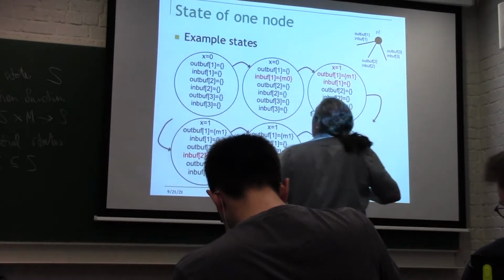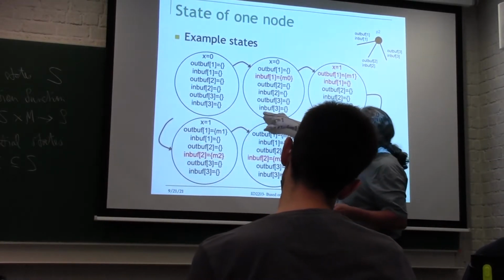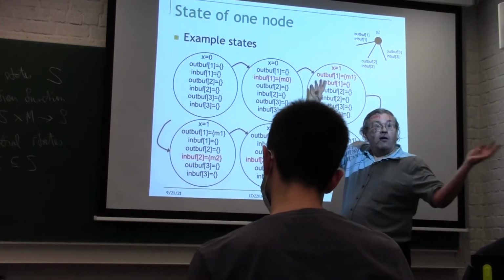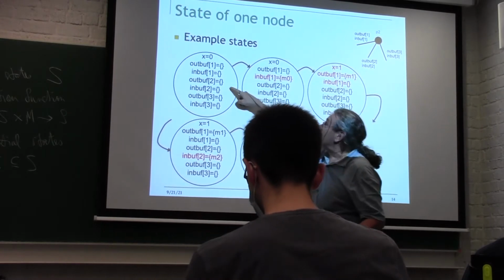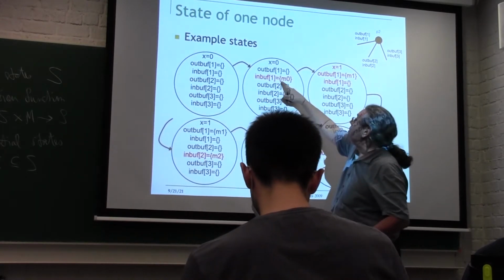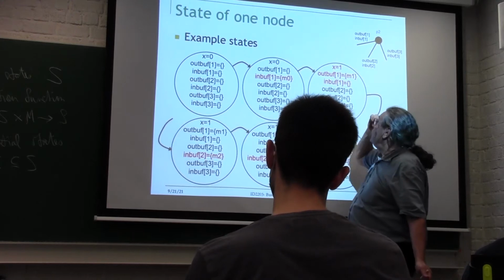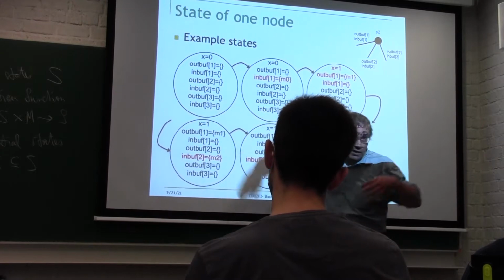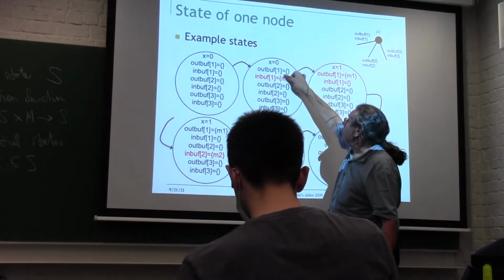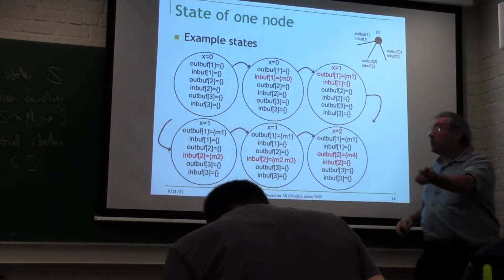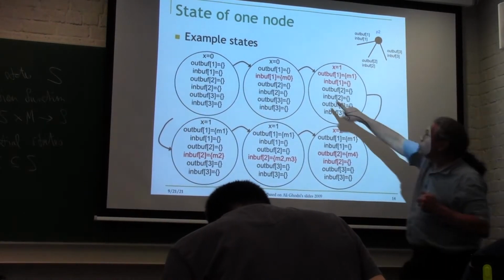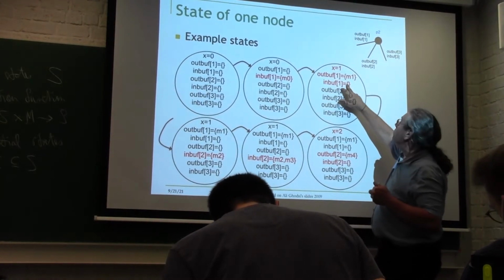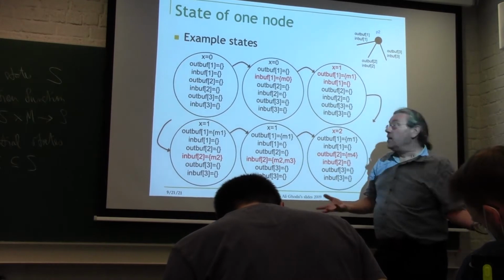Right now, so far nothing is happening, but somehow a message magically appears in the in-buffer. That makes a transition. Nothing else has happened, but the node will see that. So the state of the node, which is all of this, changes. Now I have this extra piece of state, and I can read the in-buffer. So I do local computation, which means I take M0 out of the in-buffer and then update the state.